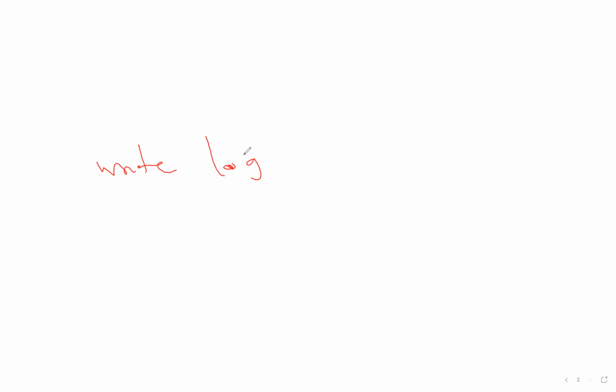Log 16 to the base 2 minus log 64 to the base 2, as a single logarithm. It will be log 16 over 64 to the base 2, which is log 1 over 4 to the base 2.